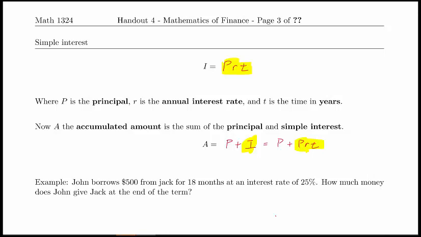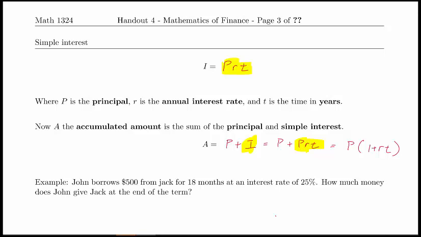And then we can simplify this to look like this. And again, that is the equation for simple interest, no compounding or anything like that. It's just something's borrowed at a rate and then interest accrues at the end.